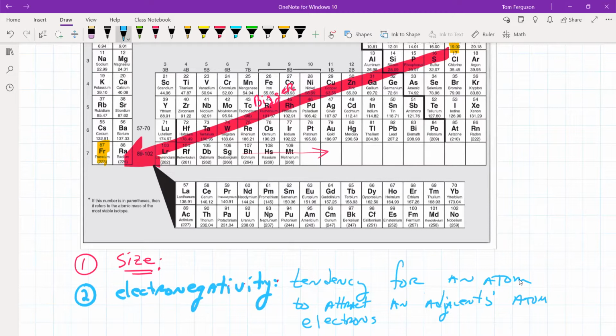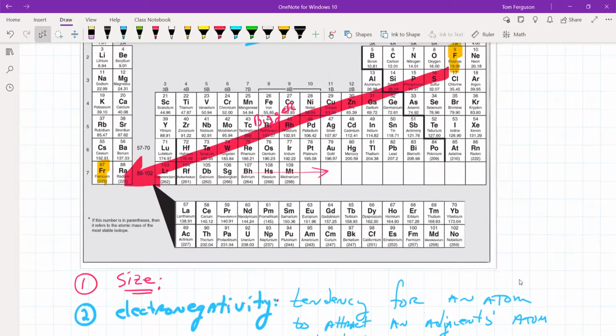All the atoms, I'm going to show you Monday, an electronegativity chart on the periodic table. All the elements have a value of electronegativity. The higher the electronegativity, the higher the tendency to pull or attract the atom's electrons next to it. And it's for, again, stability reasons.